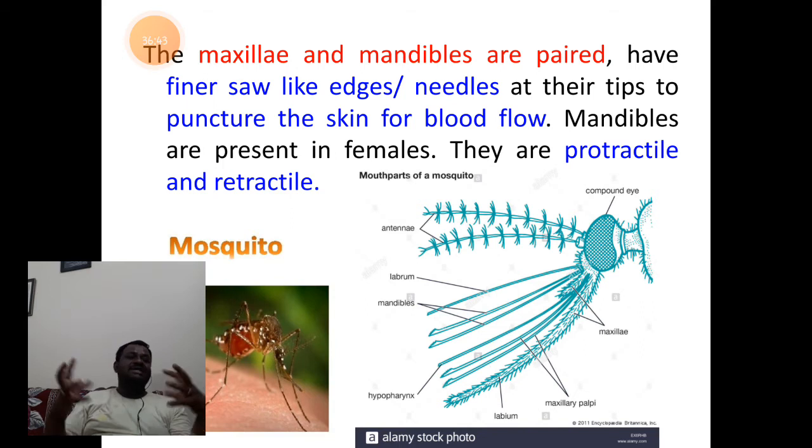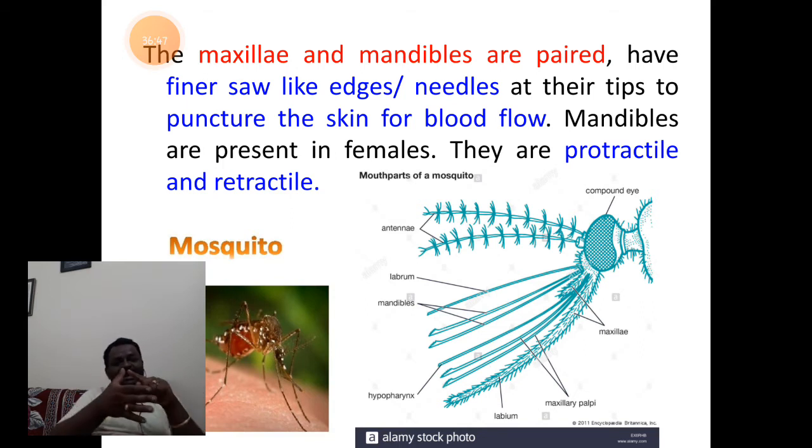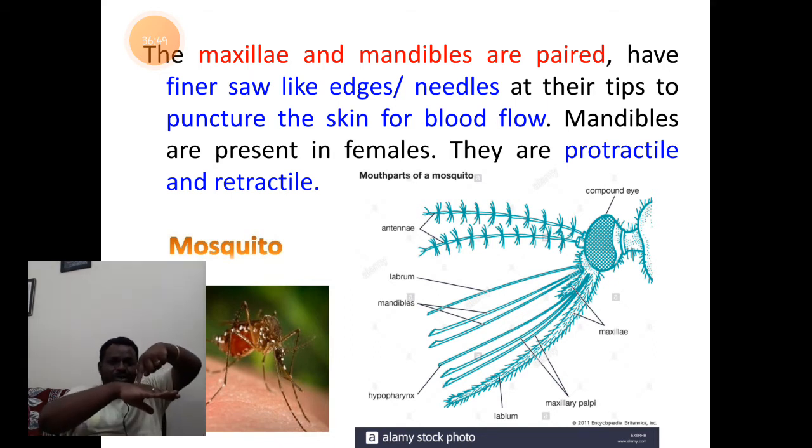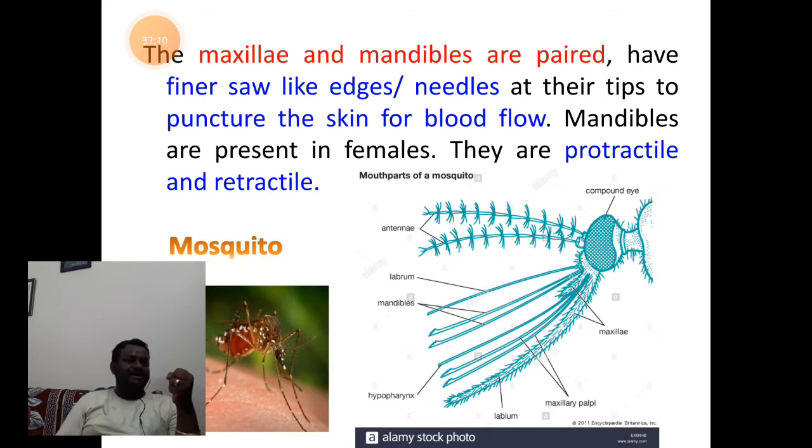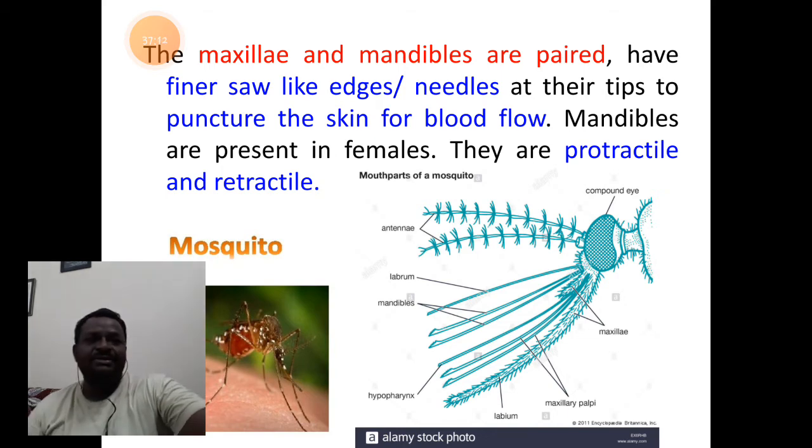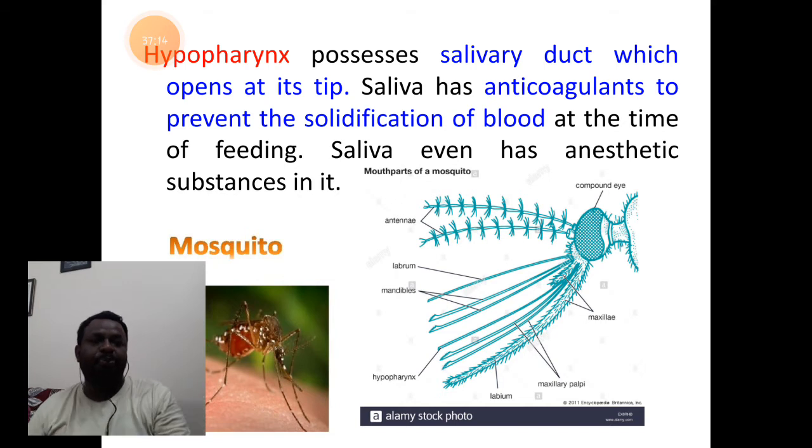Mandibles are protractile and retractile. So how exactly do they function? These mandibles help in piercing the body of the host by using the sharp needle edges. They can move upward and downward, so they are protractile and retractile. After puncturing, it allows the proboscis to enter the punctured area and start sucking the blood or the plant juice according to the sex of the mosquito.